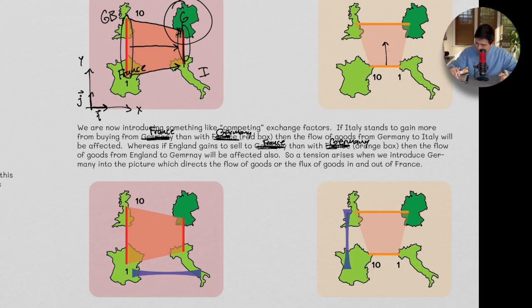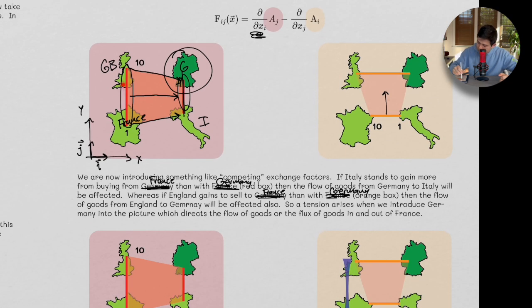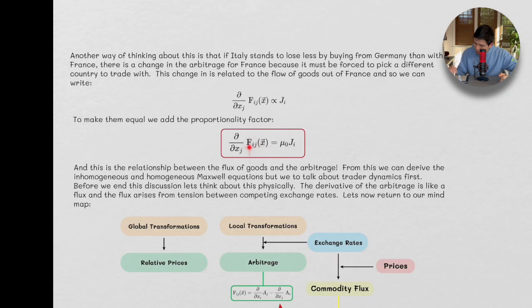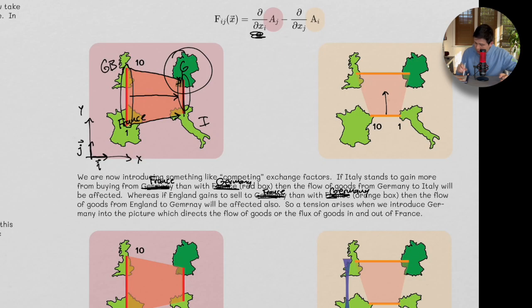So again, that's in this direction, okay? Of Fij is going to give us the flux in the I direction, right? So that's in this direction, okay?